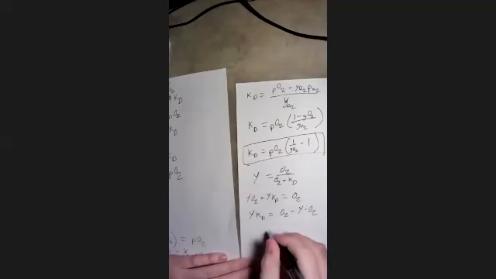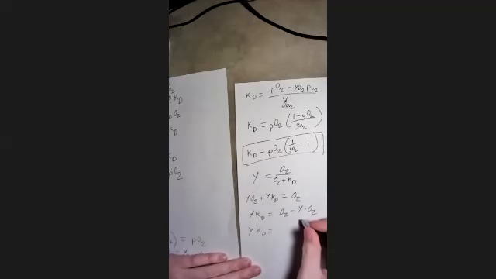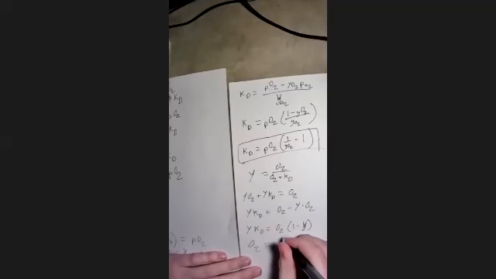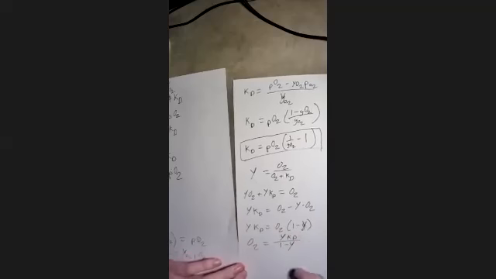Then Y KD is equal to O2 times 1 minus Y, which then means that O2 is equal to Y KD over 1 minus Y. Boom.